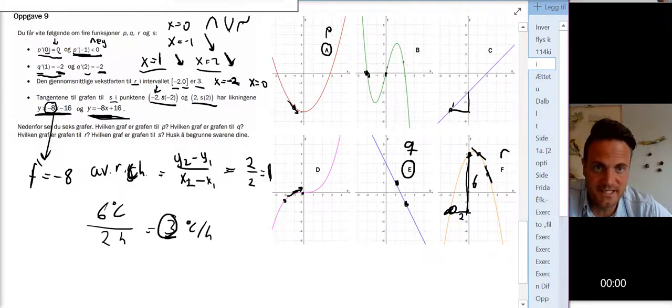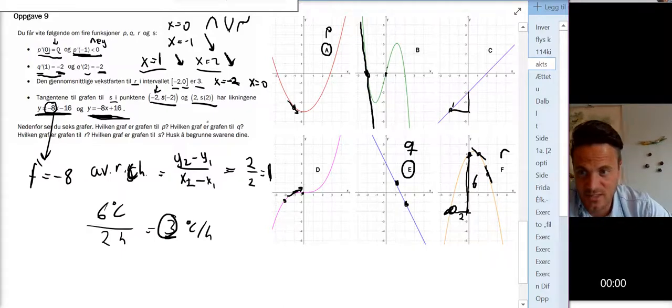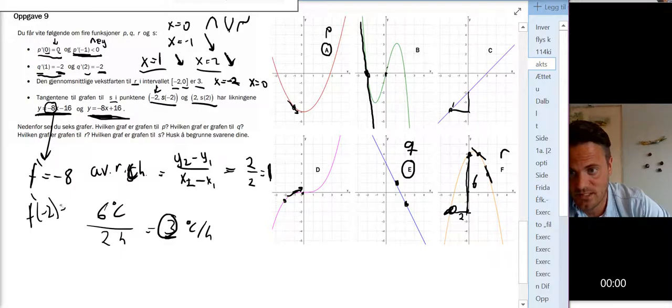So let's look at B here, for example. We see that when x is -2, that's here, the tangent line is pretty downwards. There's a lot of negative change here. So it could well be true that when x is -2, the gradient of the tangent line is -8. So this fits this information.